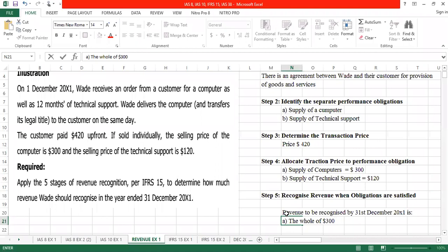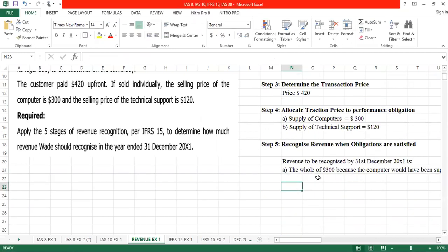The whole of the $300, because the computer would have been supplied by 31st December. I hope you get me. Because the computer would have been supplied by 31st December, the whole of the revenue, the 300. That is why it's important to divide it into 2.